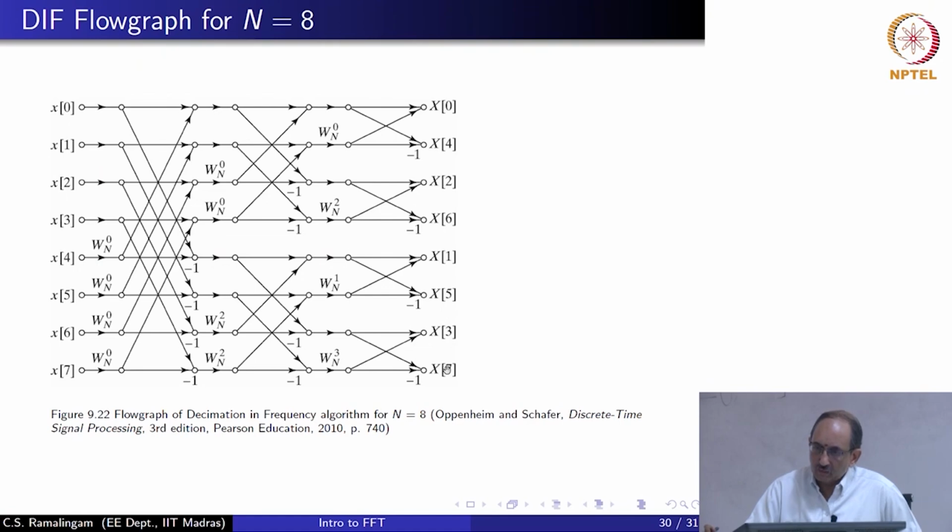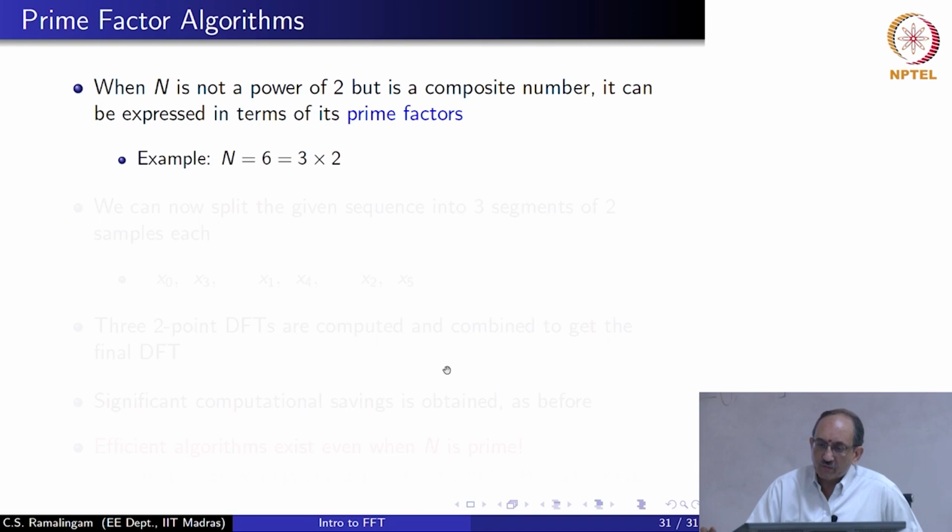Alright. And remember, all of this computation savings is coming because if this were a power of 2, you are expressing it as dividing and conquering. Alright. Suppose n is not a power of 2 but is a composite number, say for example if n were 6, then you can still break this up into its prime factors.